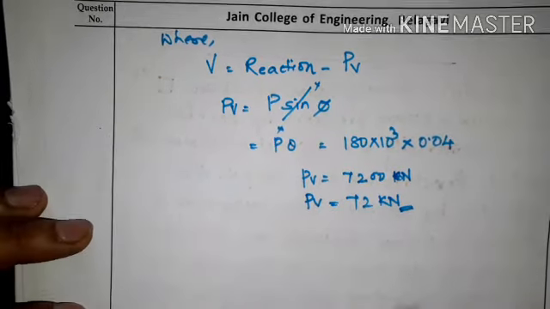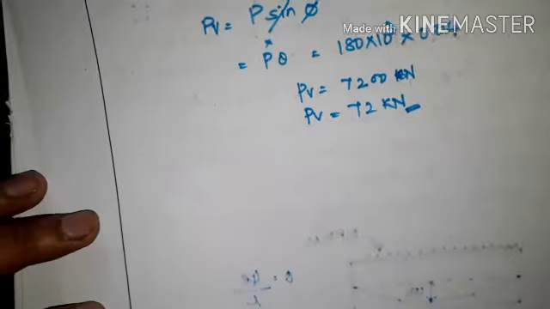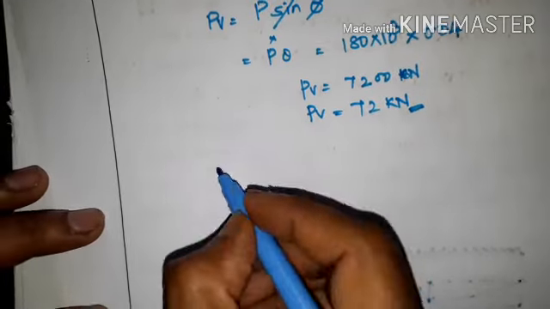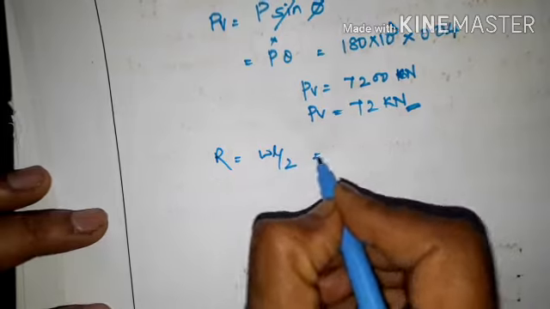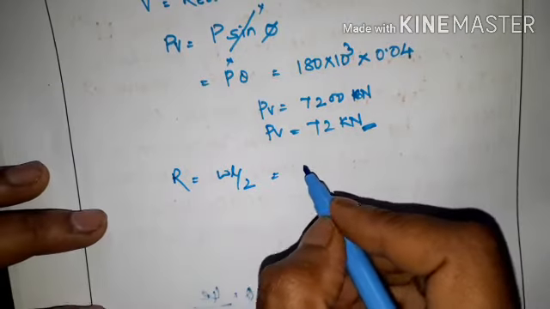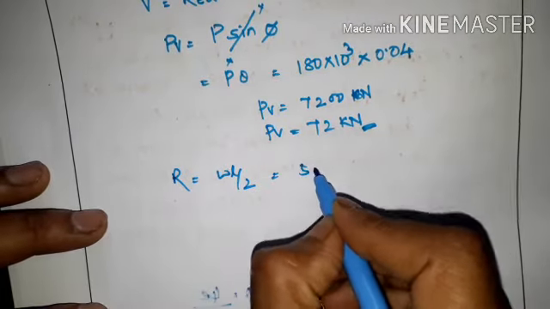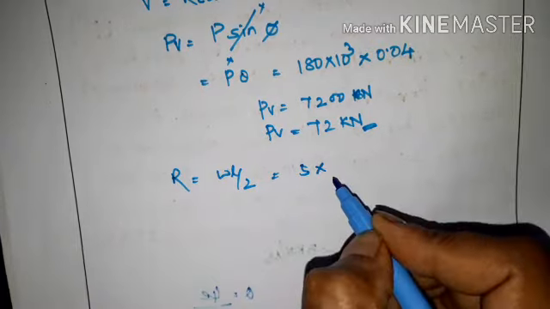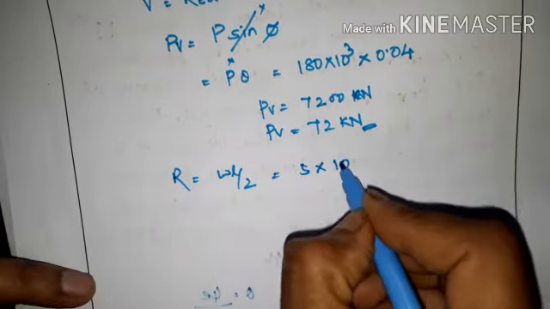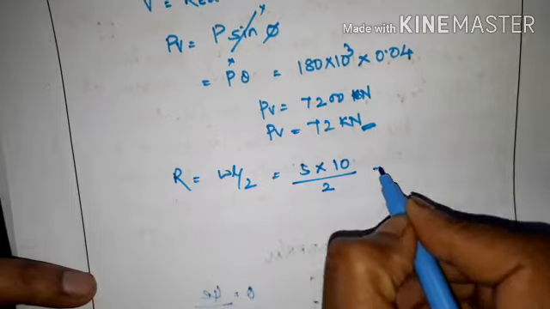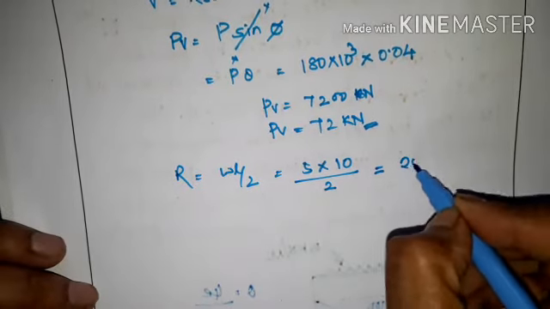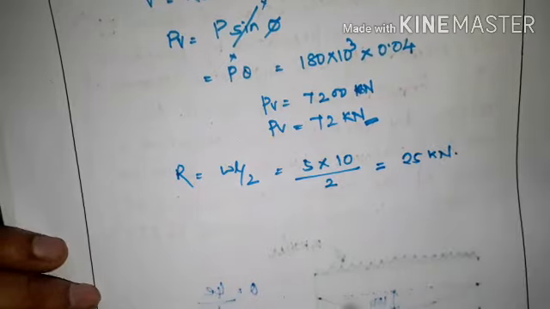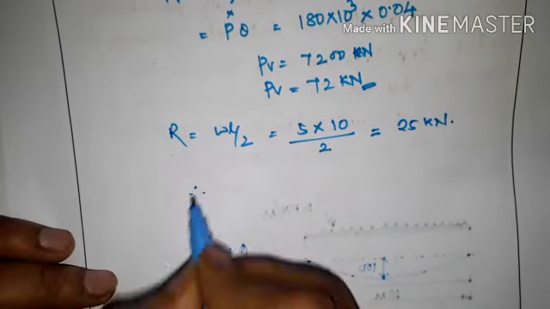And the reaction is WL by 2 because it's a beam loaded with UDL. So R is WL by 2. W is 5 including the self weight, and L is the span, 10, divided by 2. So it is 25 kilonewton.